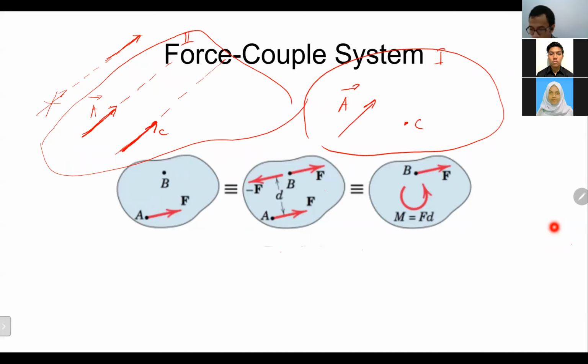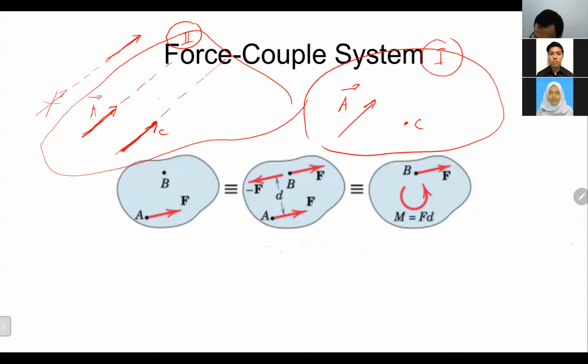Now, I want to move force A to point C. So I add another force at point C, with the same magnitude as force A. But if I just do it this way, system number one and system number two are not in the same condition.